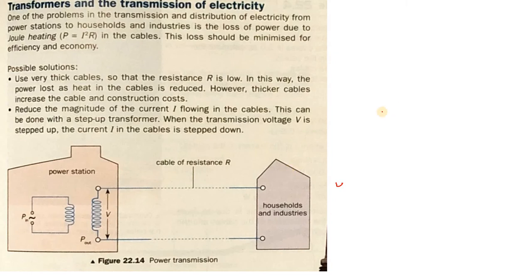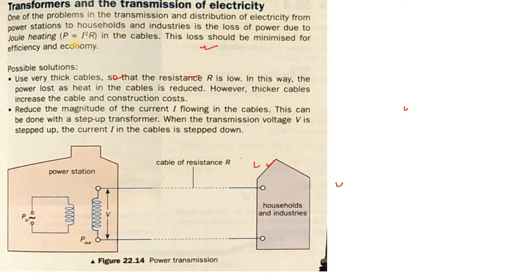During transmission, one problem is that whenever current is flowing, there will always be some heating effect, because when the current goes through the wire, the electrons find resistance, and that leads to the heating effect.